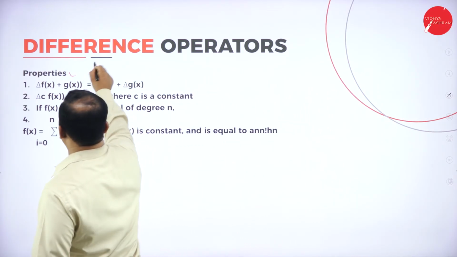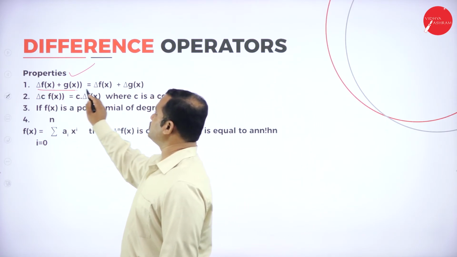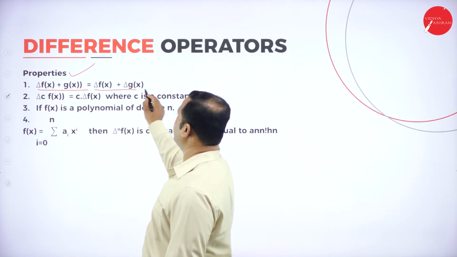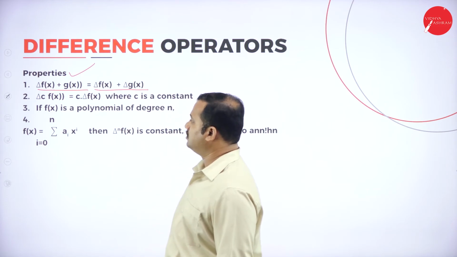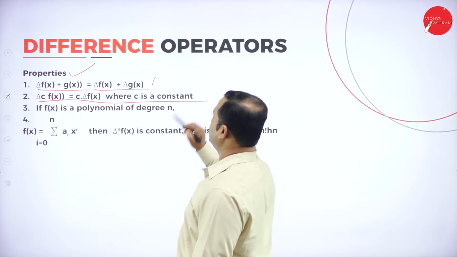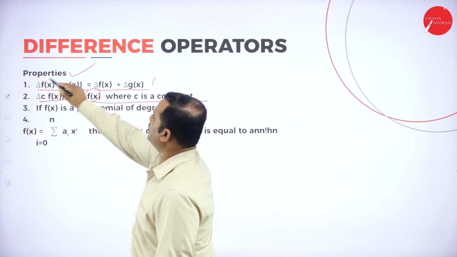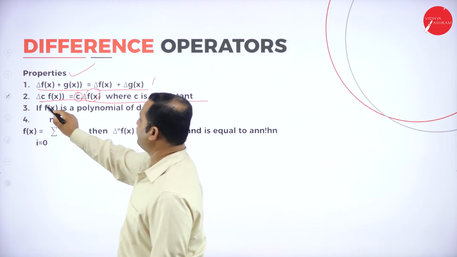So the properties of the difference operator include: delta of f of x plus g of x equals delta f of x plus delta g of x. This is the first property. The next property is delta of c f of x, where c is a constant term, equals c multiplied with delta f of x, which is obtained in the previous step. Now we have f of x.